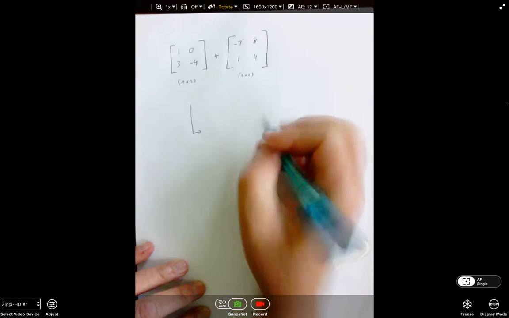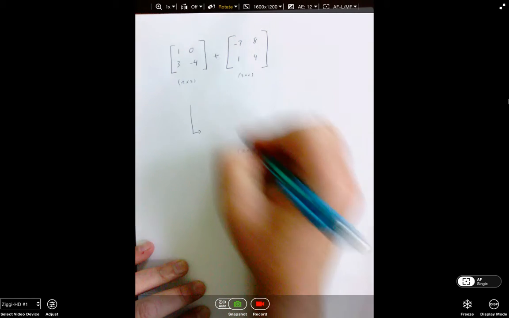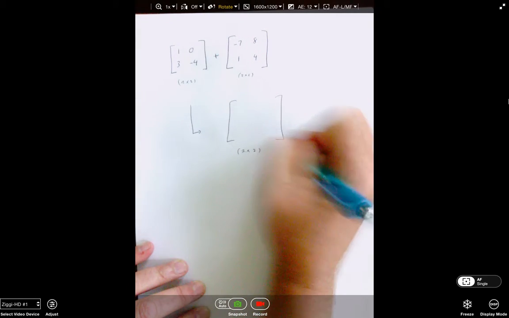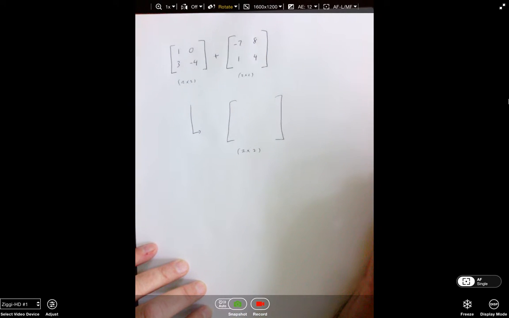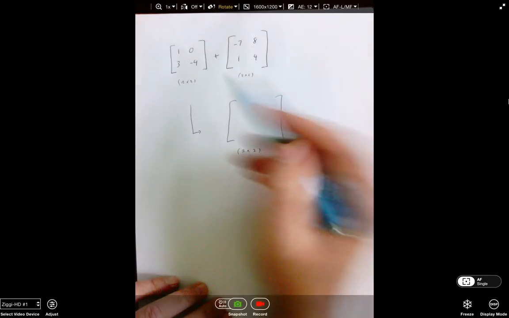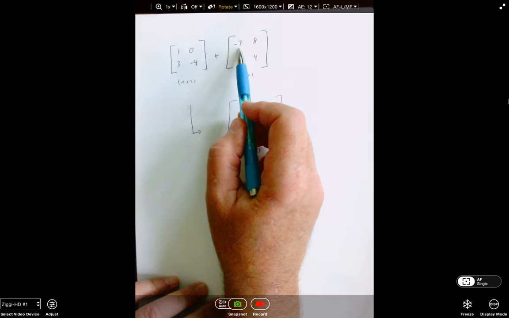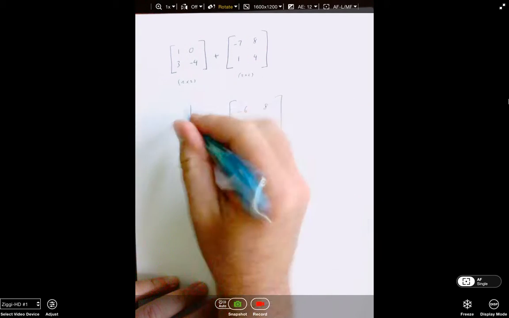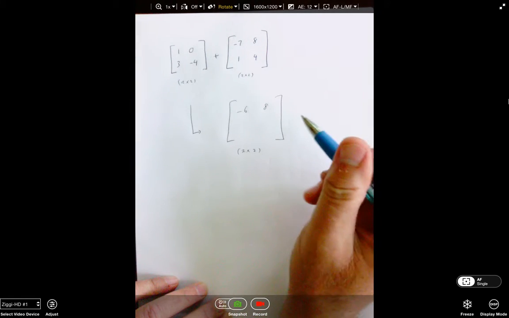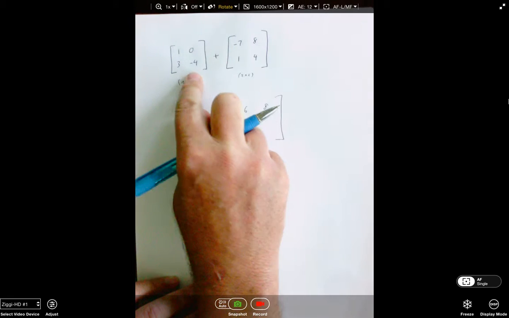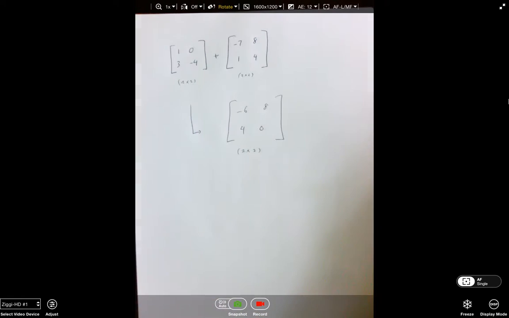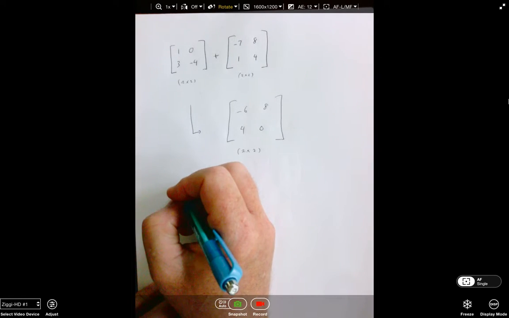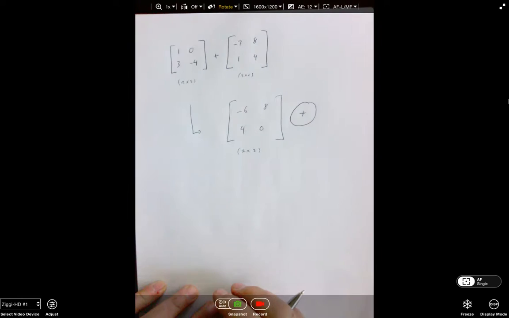So the addition of these is going to result in a 2 by 2 matrix. And the components of that just turn out to be really related to position. We add the upper left to the upper left, upper right to the upper right, bottom left to the bottom left, and bottom right to bottom right. So the sum would just be the sum of the components.